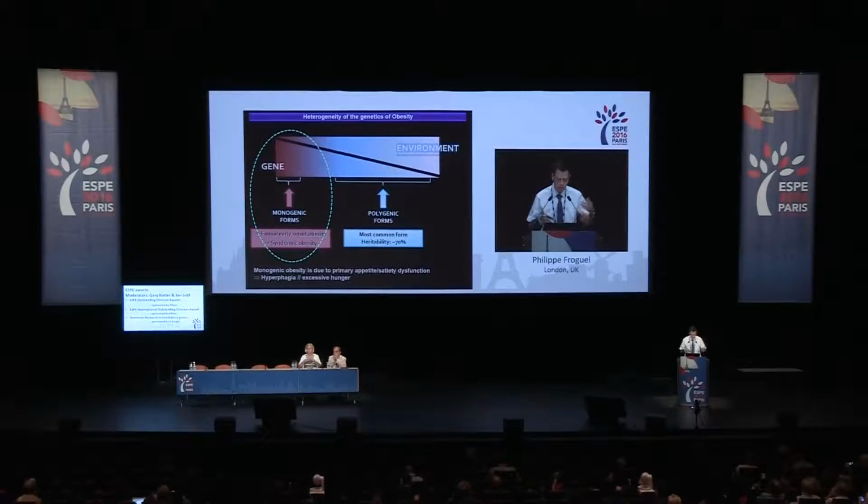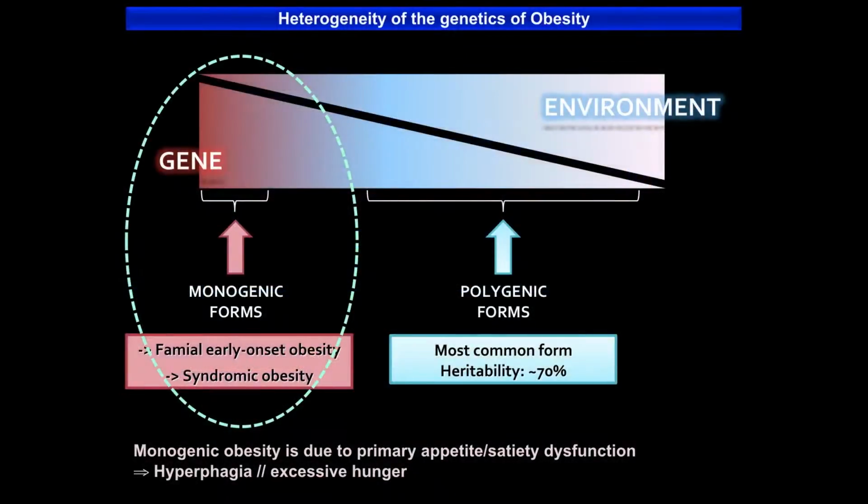Now, we know that obesity, like diabetes and many other diseases, is highly heterogeneous, genetically and clinically, of course. The vast majority have a polygenic form of obesity, which we will discuss later. And we have the monogenic or monofactorial form of obesity.